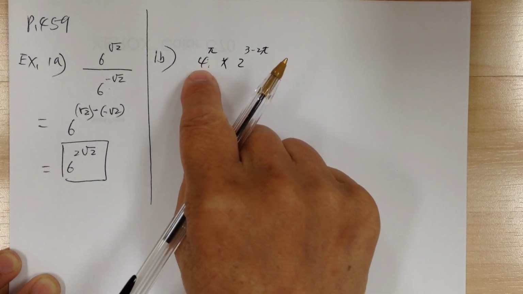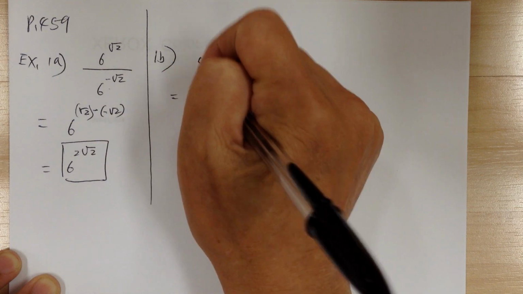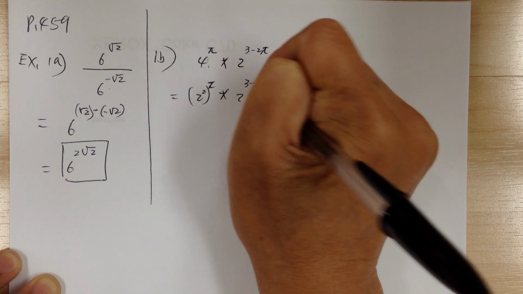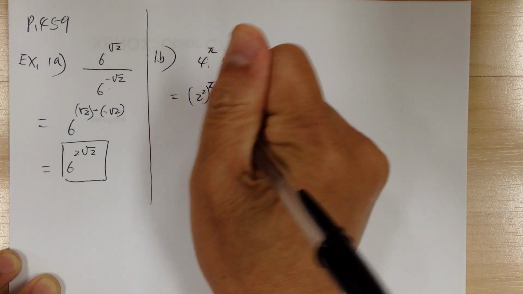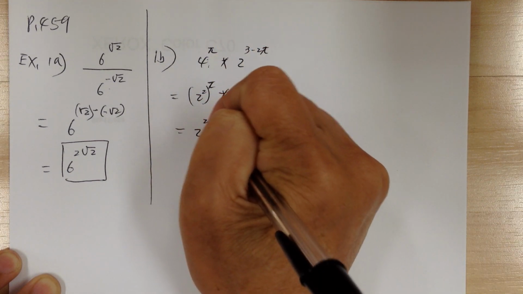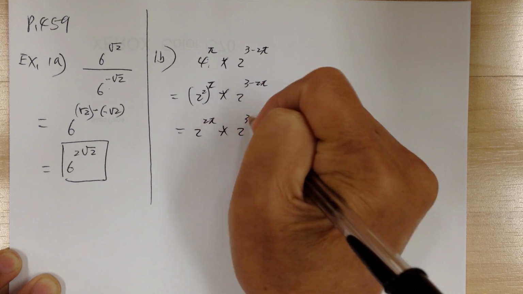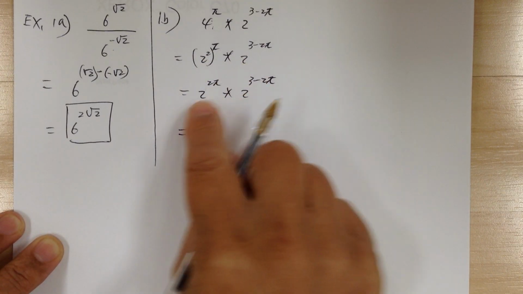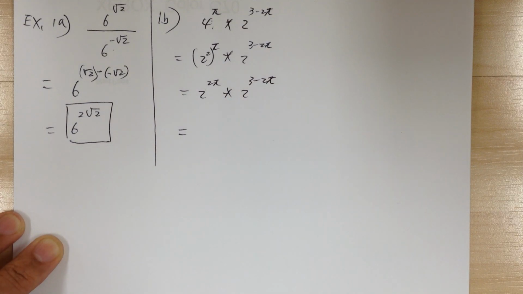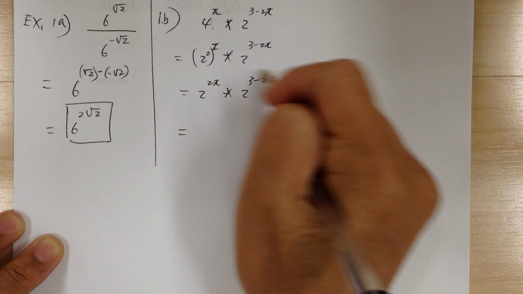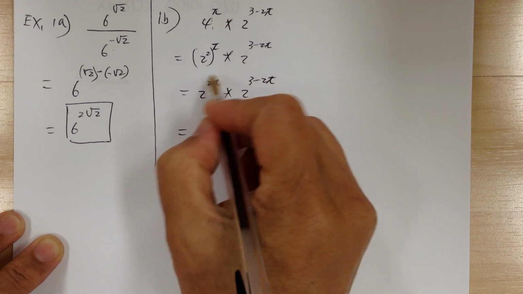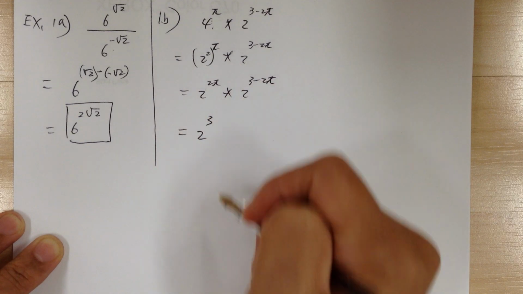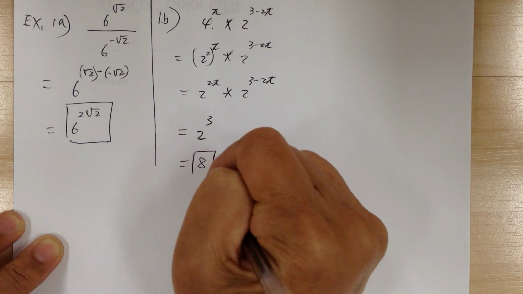Change this into base 2, since 4 is 2 squared. You apply the power rule, so this becomes 2 to the 2 pi times 2 to the 3 minus 2 pi. Now you have the same base, so apply the product rule: when you multiply, you add the exponents. The 2 pi plus negative 2 pi cancels out, so this becomes 2 to the 3, which is 8.